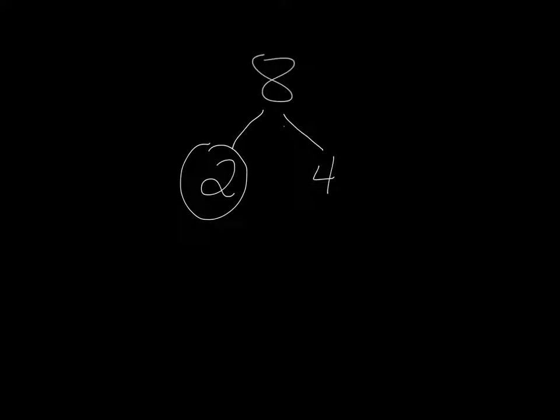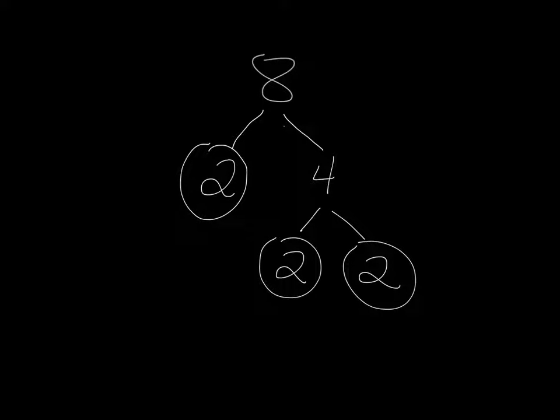But 4 is not prime, so we need to ask ourselves now, what times what, besides 1, equals 4? Well, 2 times 2 equals 4. And then I stop again and ask myself, is 2 prime? Yes. So here we have all of our numbers are now prime.